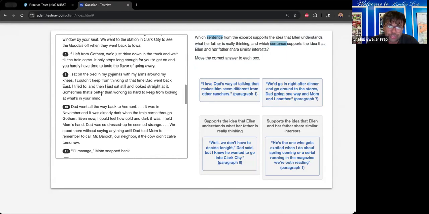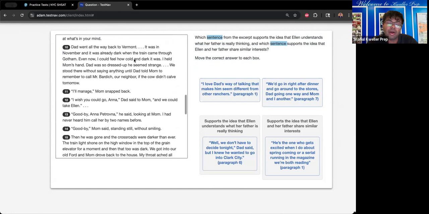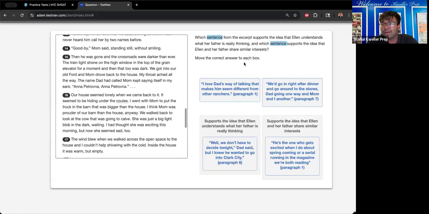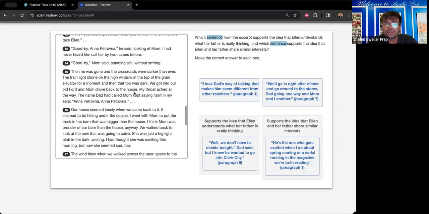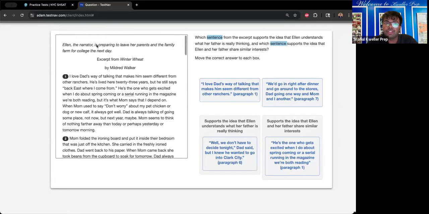Paragraph 9 is the switch where she remembers the time that her dad went back to the East. And then paragraphs 10 and below talk about that moment that already happened, where Dad left, and then the mom and daughter stayed together. It's not about a divorce. I don't think there's enough information to say it's about divorce, but we know for sure that she's leaving. It also says right here she's preparing to leave her parents and the family farm for college the next day.